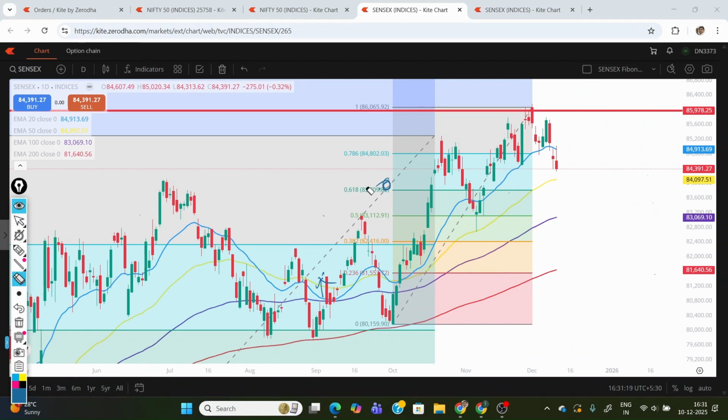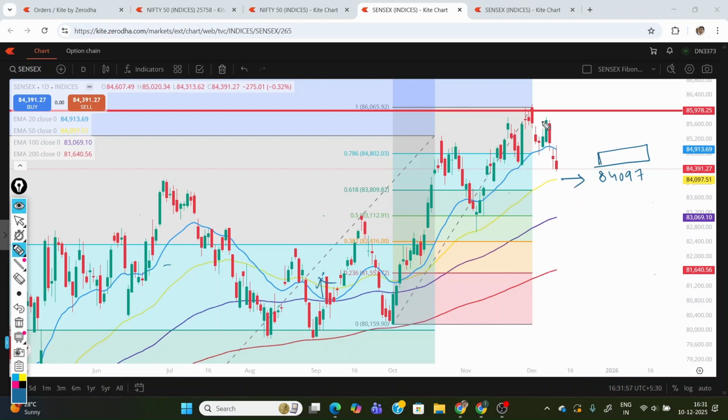The chart is not much different from Nifty, except that there is some difference in movement of the index with respect to moving averages. Sensex is not yet near the 50 period moving average of 84,097. So most likely we are testing this level tomorrow, hopefully in the gap down, following which we may confirm whether we will be moving up or down.